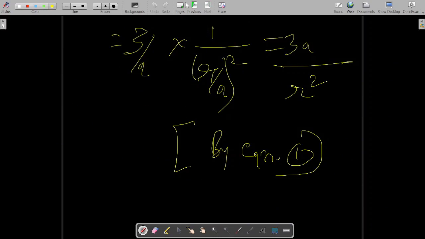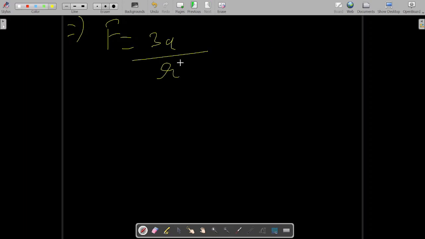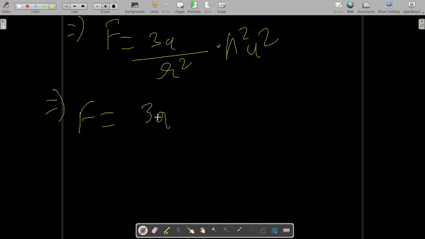So f comes out to be what? So from here f is equal to 3a by r square into h square u square. That implies f equal to 3a h square divided by r to the power 4.